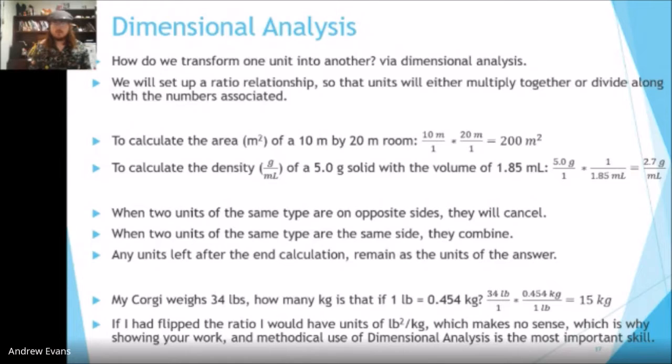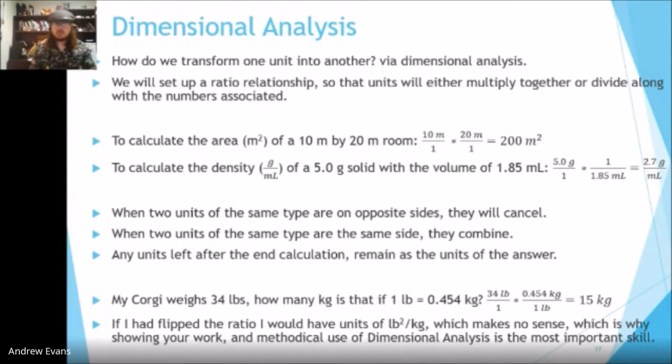If 2 units of the same type are on opposite sides of the numerator and denominator, they'll cancel out, just like if I took 2 and divided by 2, they cancel out to give you 1. If 2 units are on the same side, they will combine together. So grams times grams would be grams squared, the same way 2 times 2 would be 2 squared. And any unit that is not canceled out will be carried through to the units on the final answer.